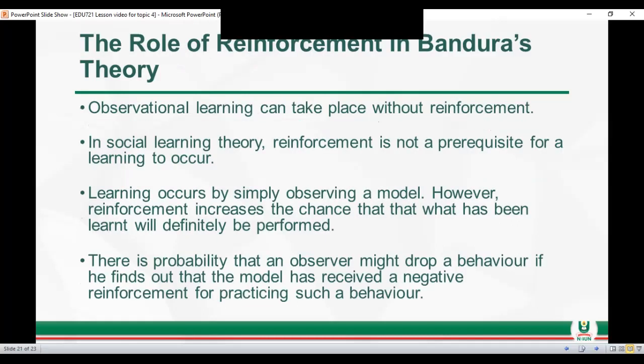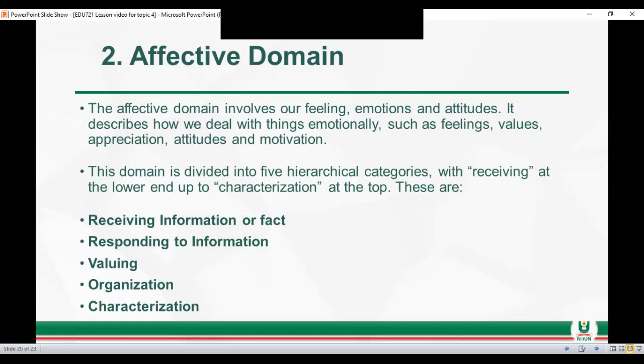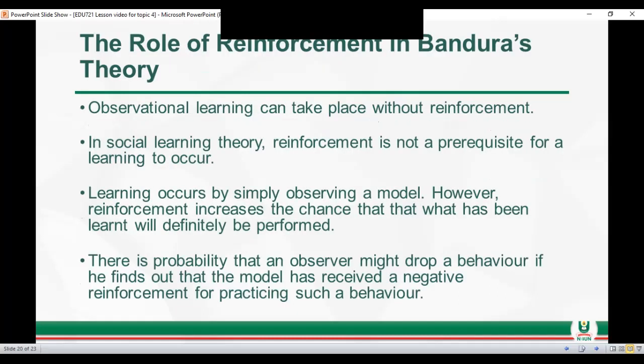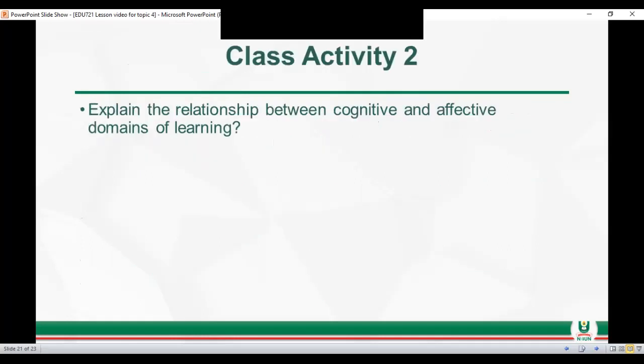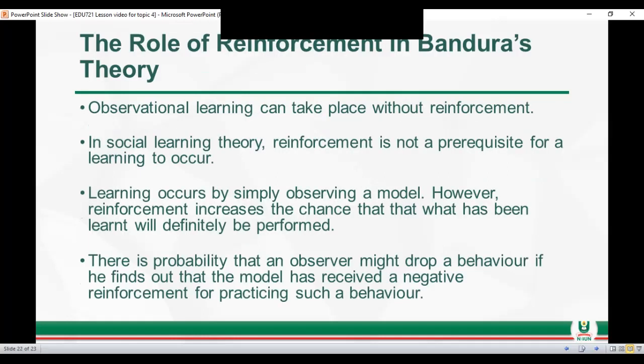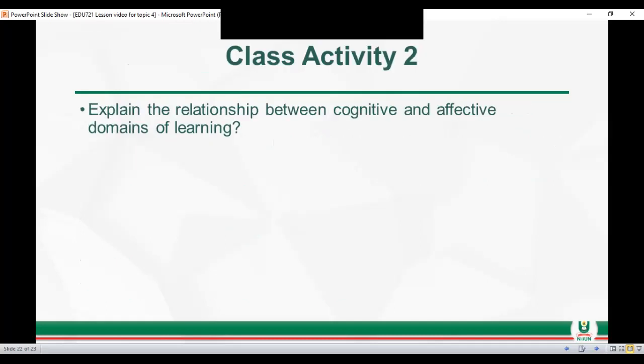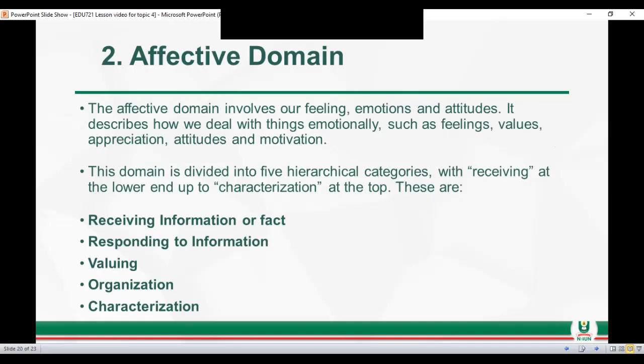What about the psychomotor domain? Oh, there is an omission there. The psychomotor domain has to do with doing.